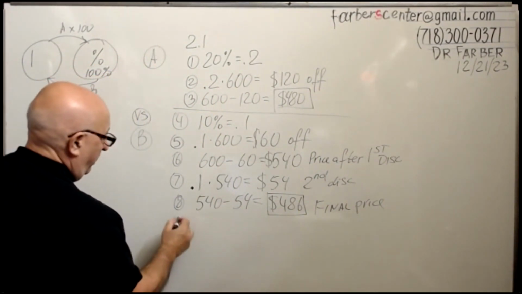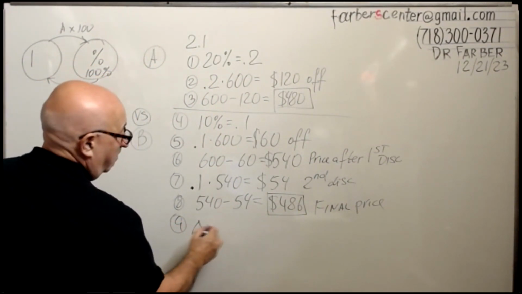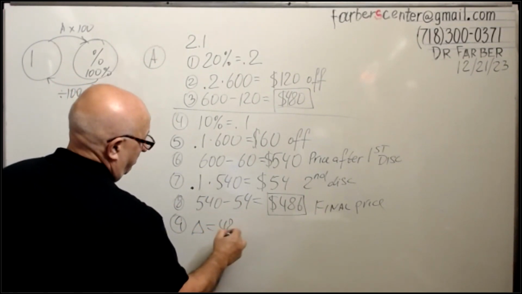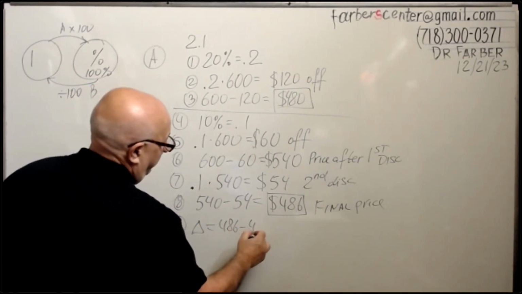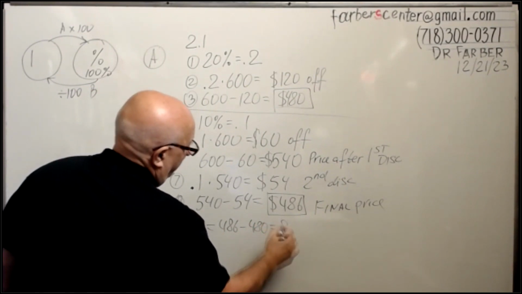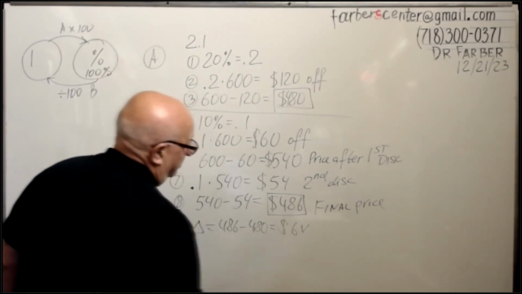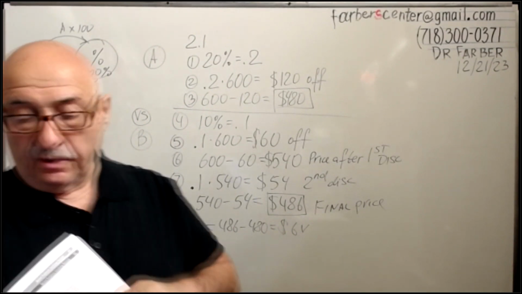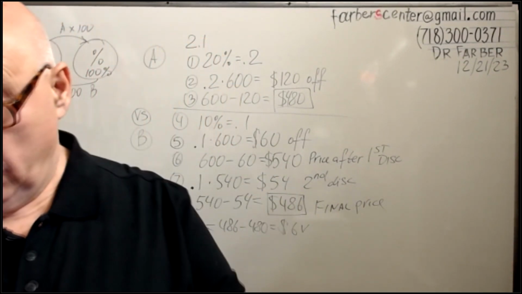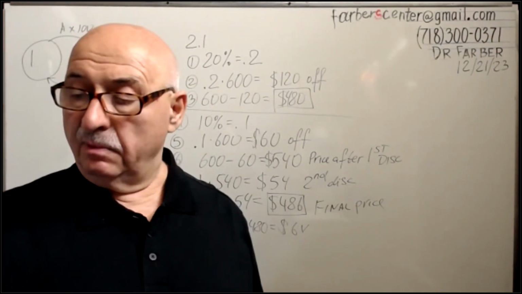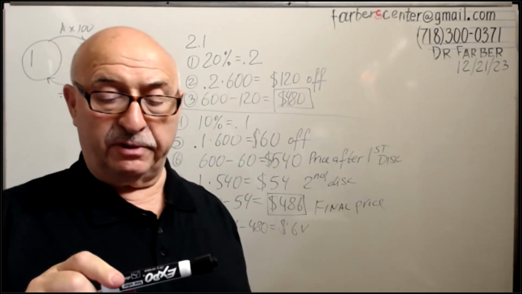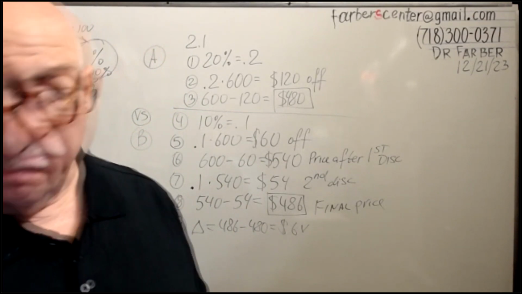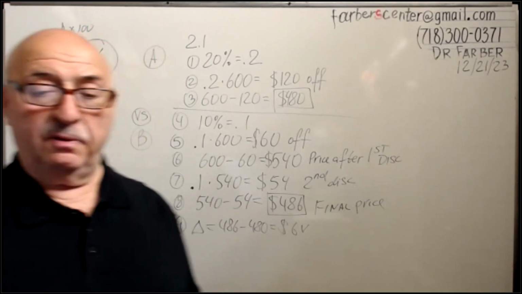So step number 9, delta equals 486 minus 480, and you get $6. It's very helpful if you buy in, let's say, Best Buy, eBay, Amazon, and they have a Christmas sale, and you can make this calculation to see.